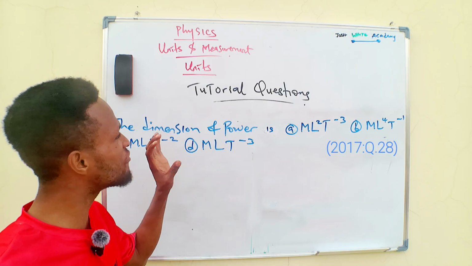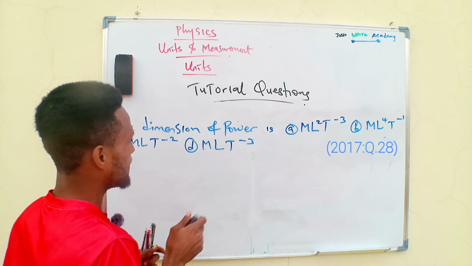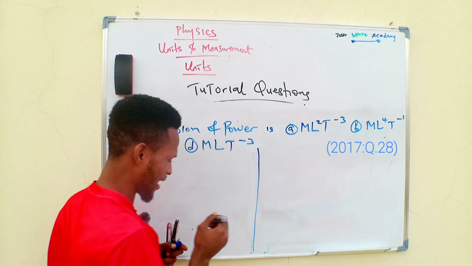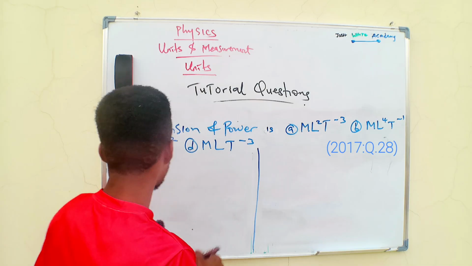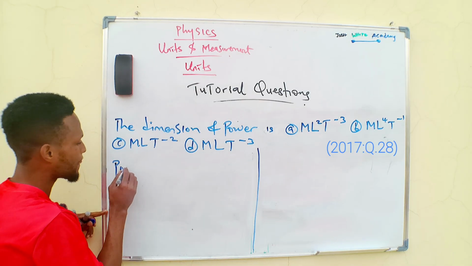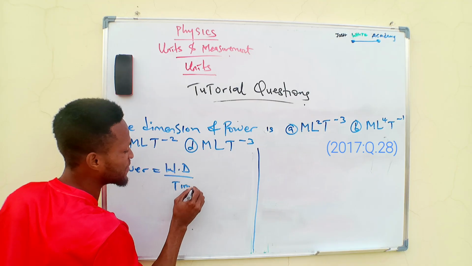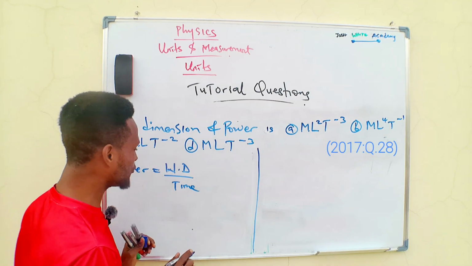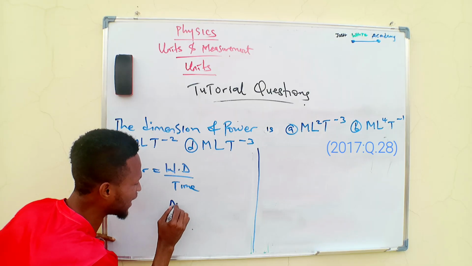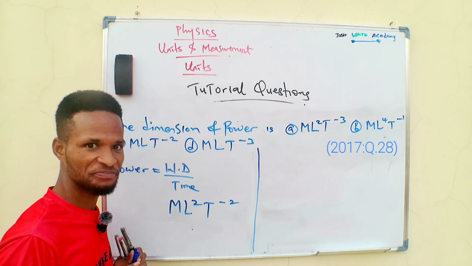The dimension of power is, now, power is the rate at which work is done. That means power is equal to work done divided by time. We just finished work done, and our dimension for work done, if you can still recall, is ML squared T minus 2.